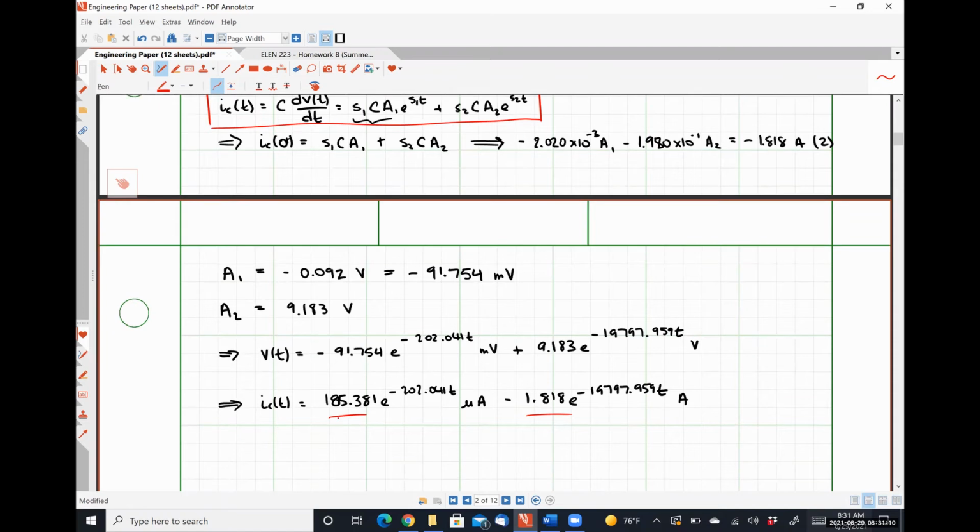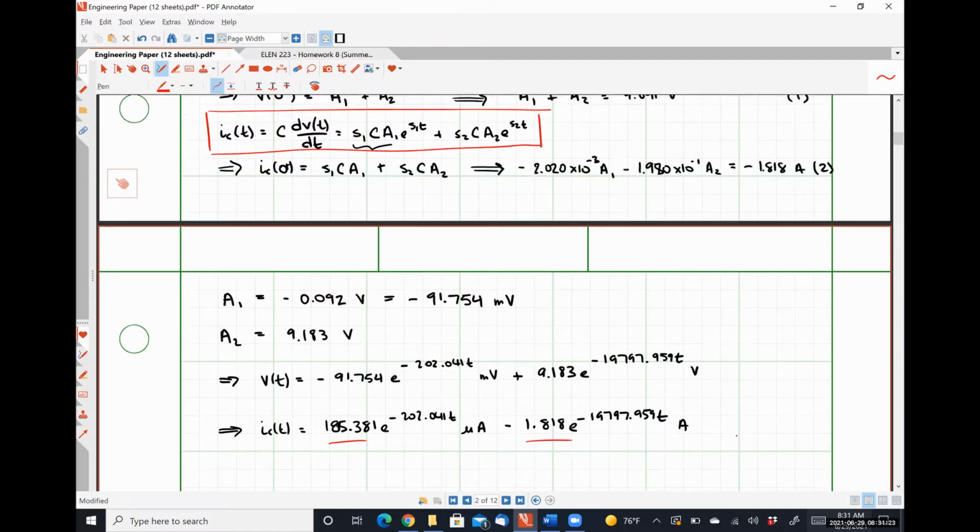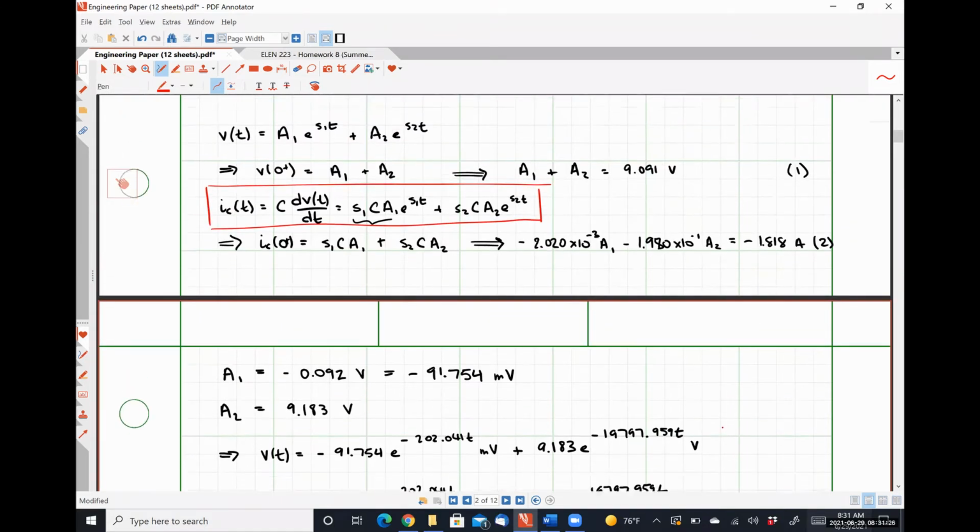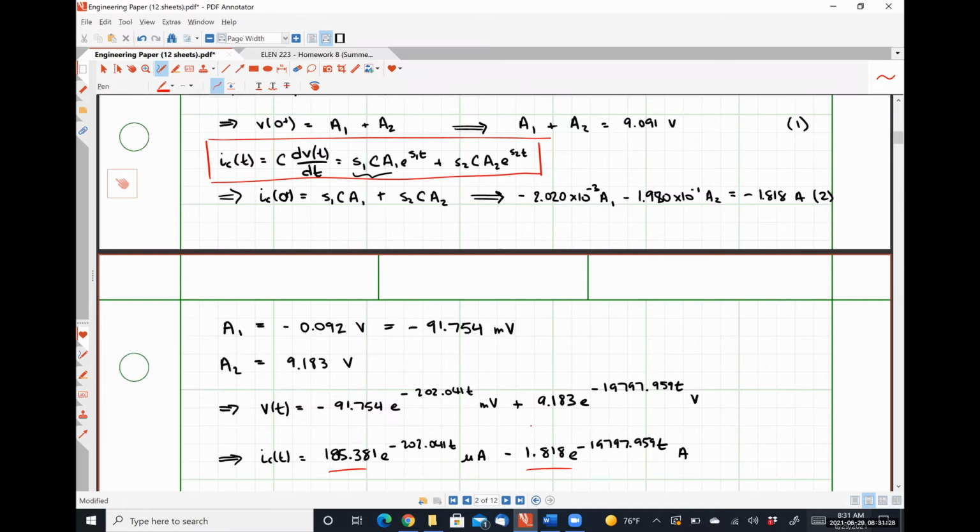So I have this microamps, so it's really small, and then I have this negative 1.818 amps, so that's where that came from. So it matches my initial condition. Similarly, on the voltage, I know that I should have 9.091, while I have 9.183 minus 0.09 volts. So it's going to match that 9.091 as well. So if my initial conditions are matched, and I calculated S1 and S2 correctly, then I'm good to go.